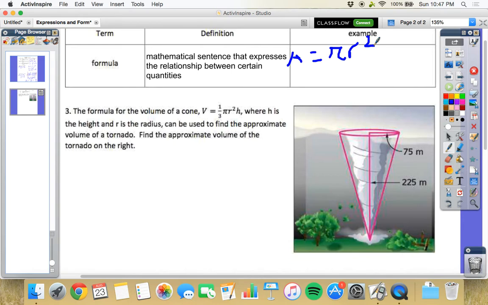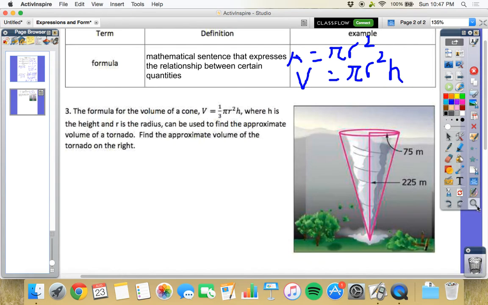You could have the volume of a cylinder is pi r squared times the height. A formula specifies that you have one variable isolated and expressed in terms of other variables. So what the volume one says is, if you know the radius and the height, then you can find the volume.